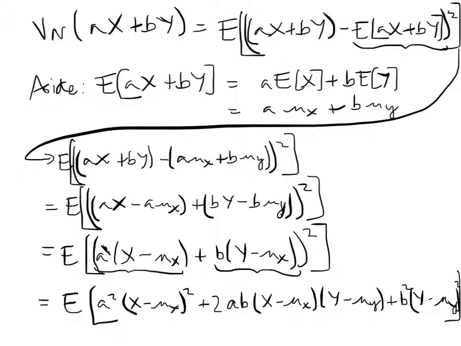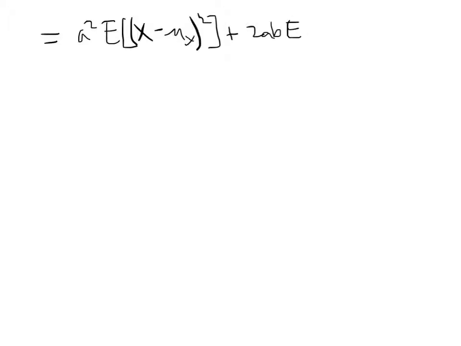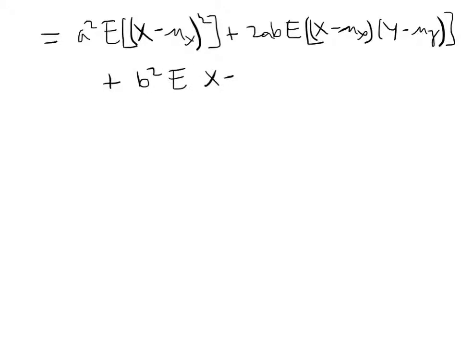So if we continue, this is equal to a squared expected value of x minus mu x squared plus 2ab expected value of x minus mu x y minus mu y plus b squared expected value of y minus mu y squared.